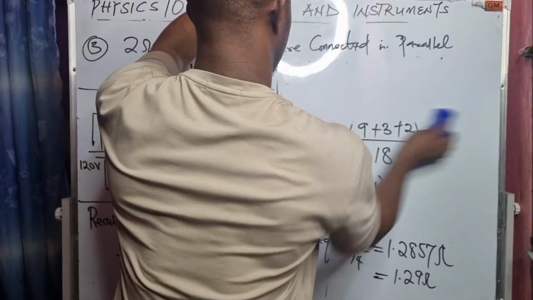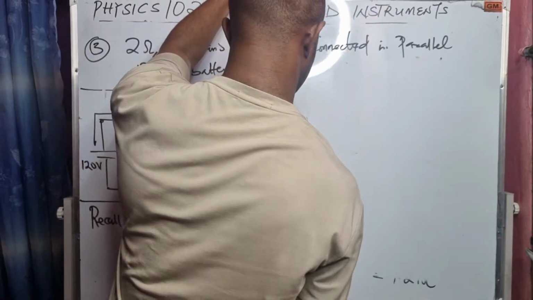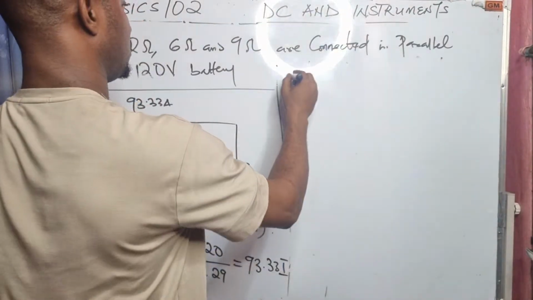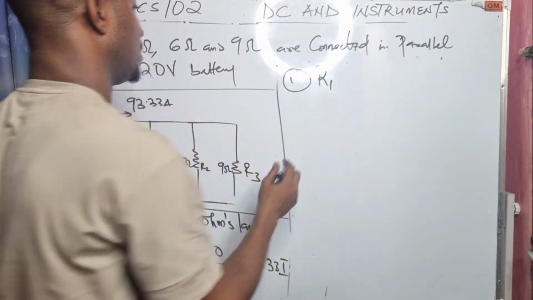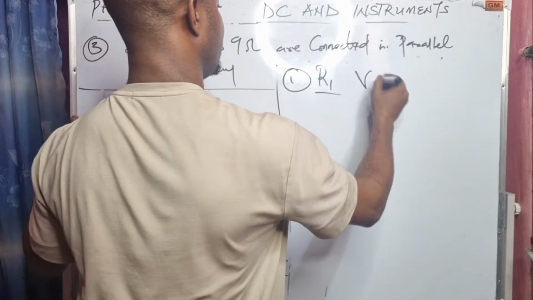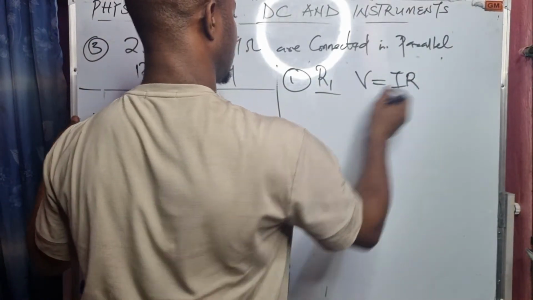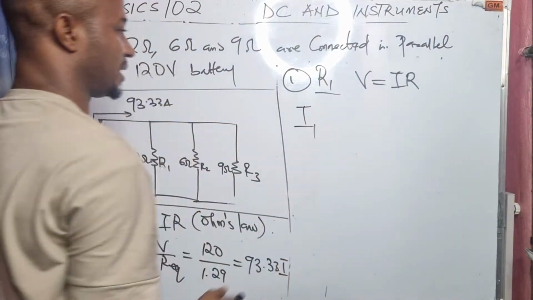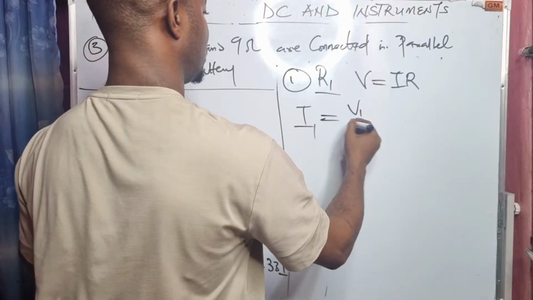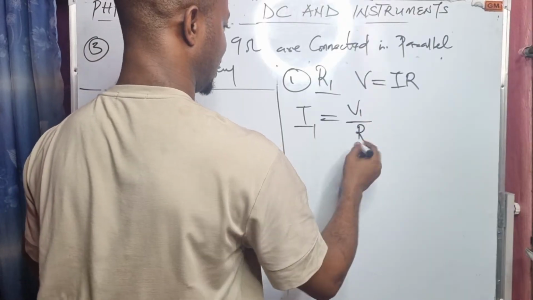So the current that flows through each of the resistors will then be, recall, for R1, from V equals IR, the current that flows through R1, I1, is equal to V1 over R1.